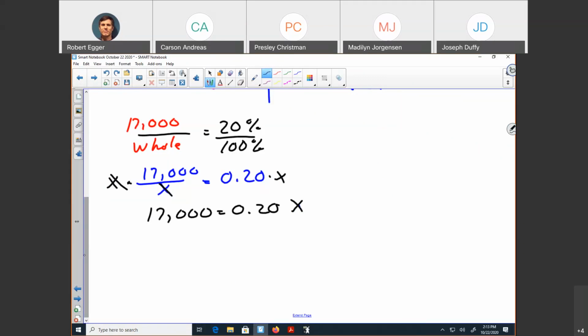And now since I'm multiplying, if I divide by 0.20, that tells me, times 5, 85,000, I guess. Dividing by 0.2 is like multiplying by 5. No problem. 85,000 employees.